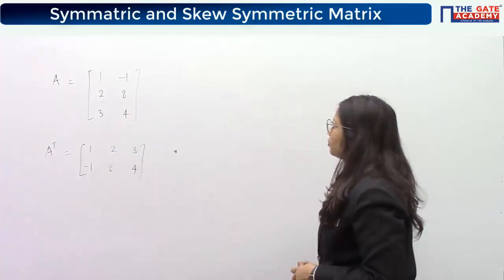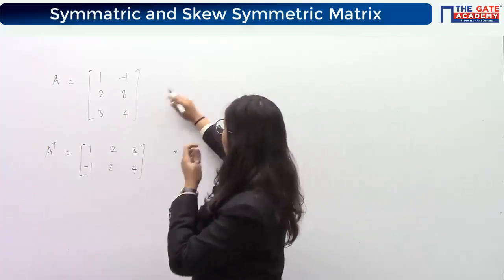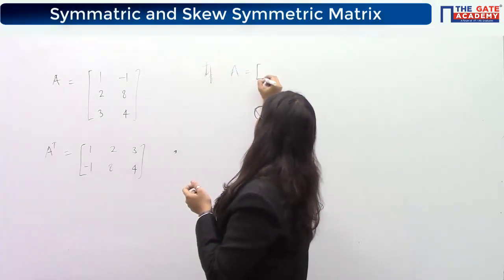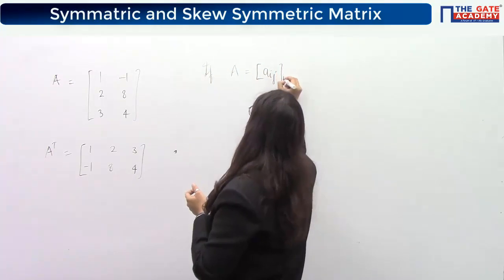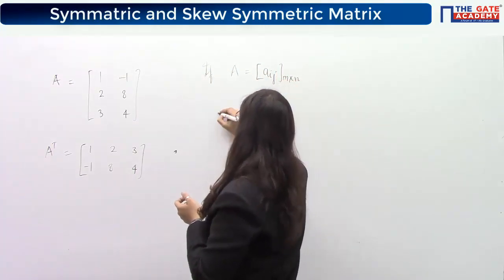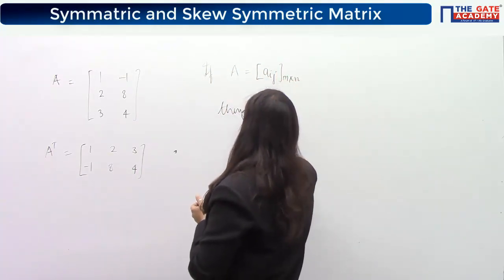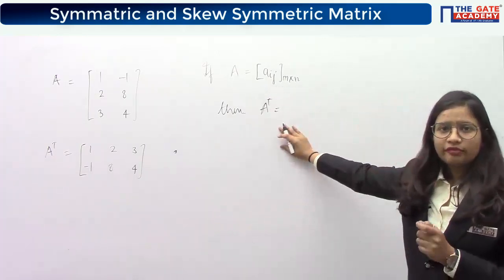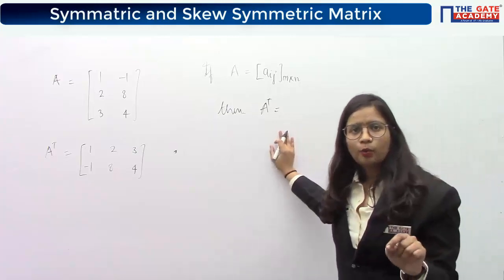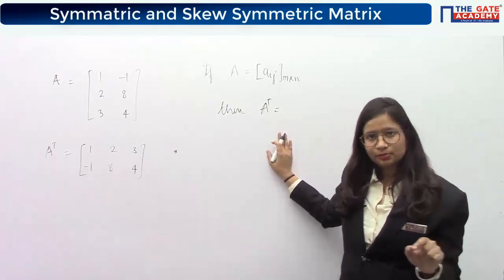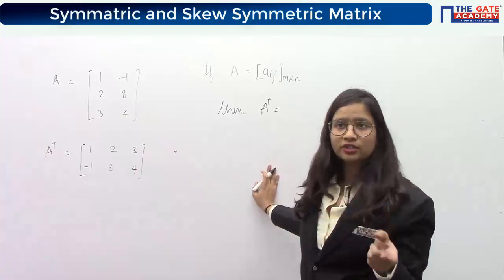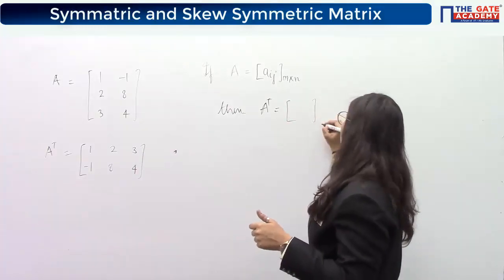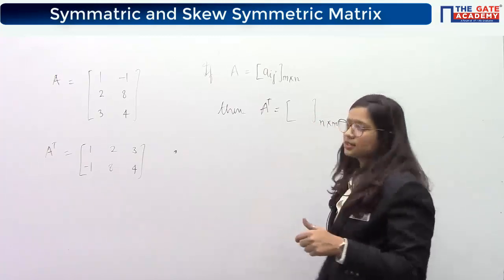Okay, so this is transpose. Now let me ask you one thing: if A is defined like this, Aij of order M cross N, then how will you define A transpose? What will be the order of A transpose? If A has an order of M cross N, then because rows are interchanged into columns and columns into rows, obviously its order will change to N cross M. Everybody is right.